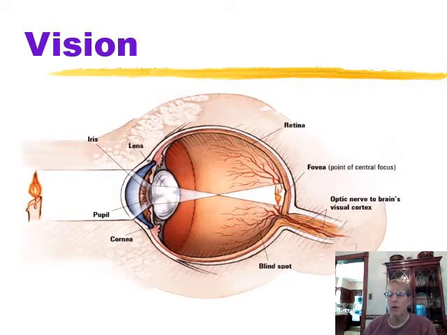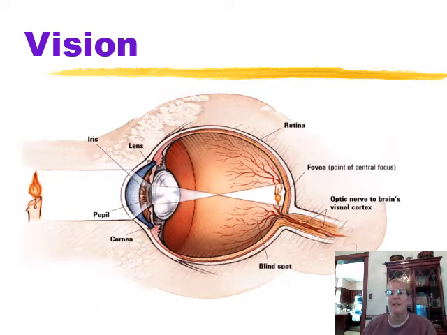But if you look, the optic nerve enters the eye. Okay, and right where it enters the eye, there are no receptor cells, which we'll talk about, rods and cones. Now, since there are no rods or cones, that creates a blind spot in our vision. So we have a blind spot in both eyes. I'm going to demonstrate that in class so you can actually become aware of it.